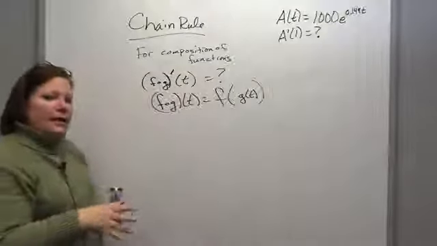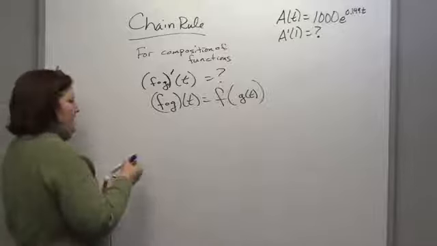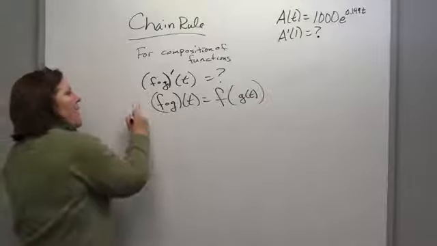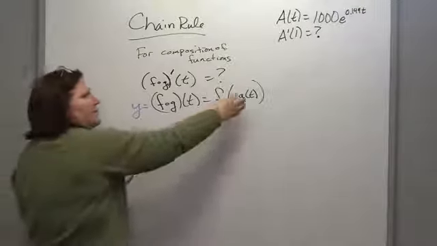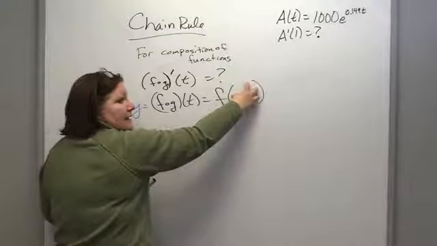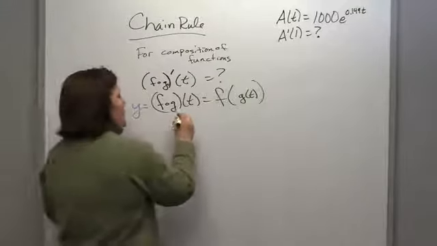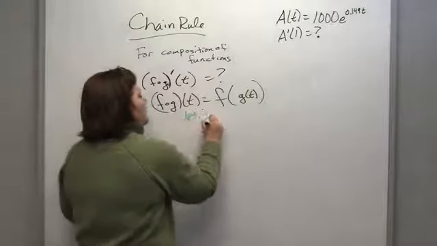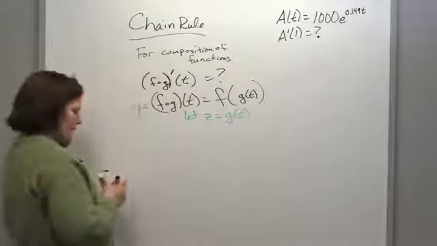So one way of writing this is if we're looking at this as y equals, and we're trying to find this derivative, what we can do is we can let the inside stuff be called something else. So we're going to let z equal g of t.